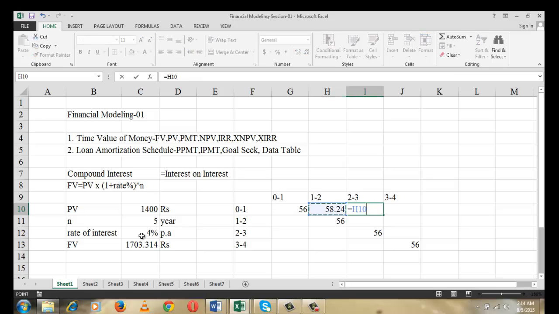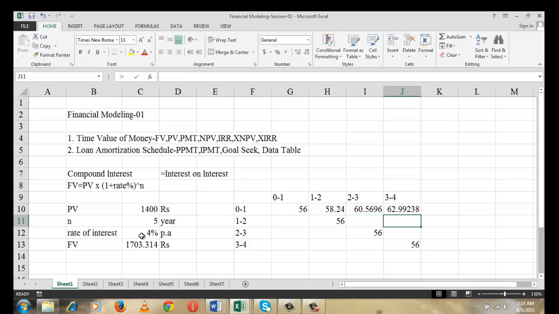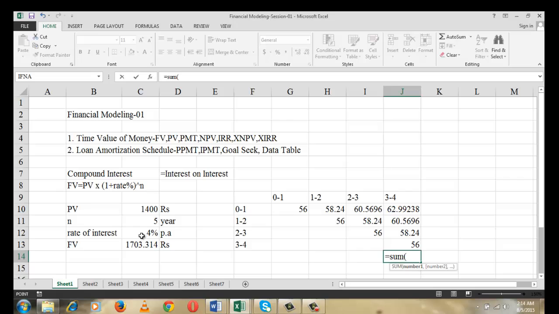On that 58.24 you get interest of 4%, so you can write 1.04, then on this you get an interest of 4% again, you get 62 point something. Like this, if you calculate the interest on interest, at the end of 4 years what money this guy Mohan would have got: a total of 237.802.